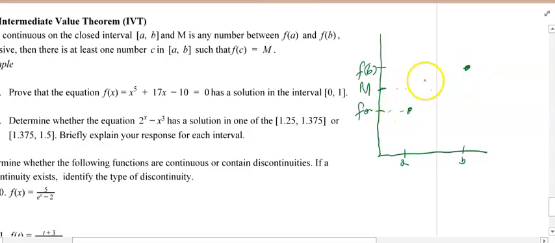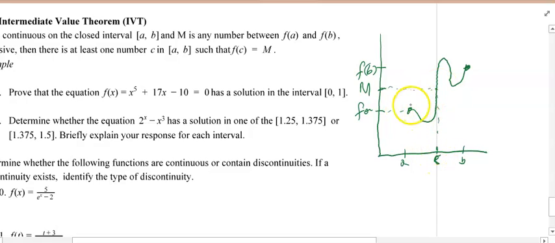What you're saying is, regardless of what the function does between a and b, there must be some point between a and b where there's some letter c whose function value is m, right? So it could be higher, the m could be here, wherever it is.